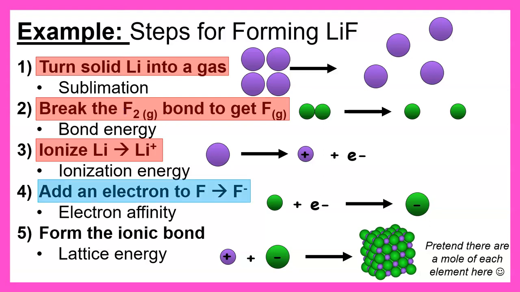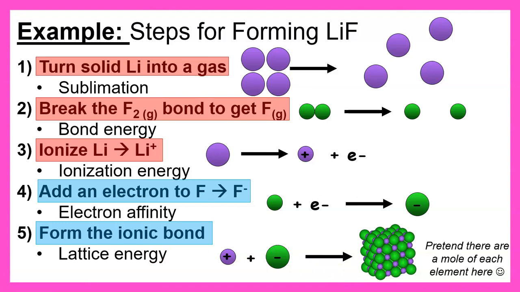That is going to be a release of energy. That's what the electron affinity measures. Remember, it's measuring how much energy is released, how much more stable it is afterwards. So that is going to be a release of energy. And then our positive and negative ions being attracted to each other to form our lattice is also a release of energy. If you add all these steps together, you would end up figuring out how much energy was involved to form your final structure.